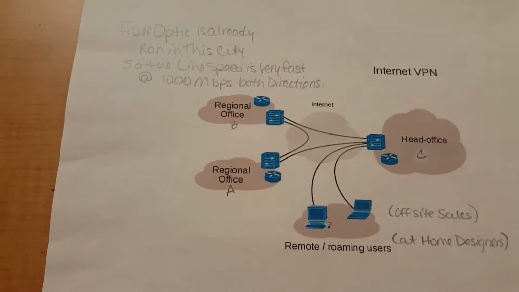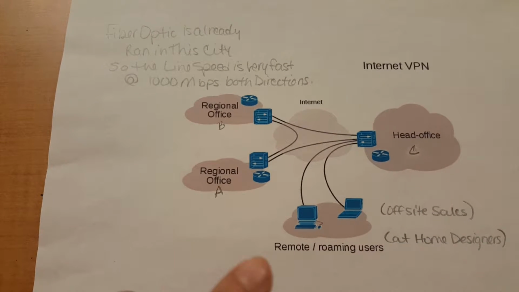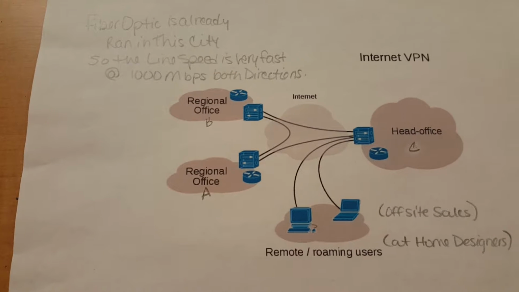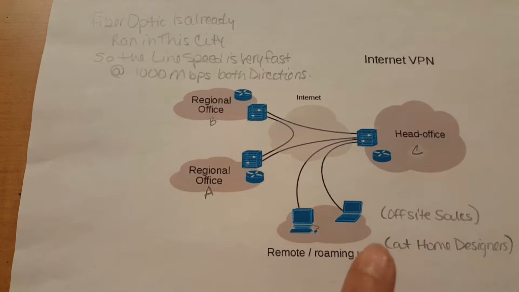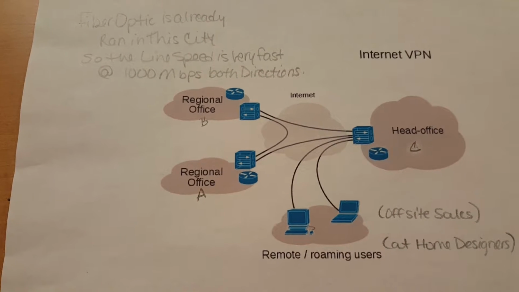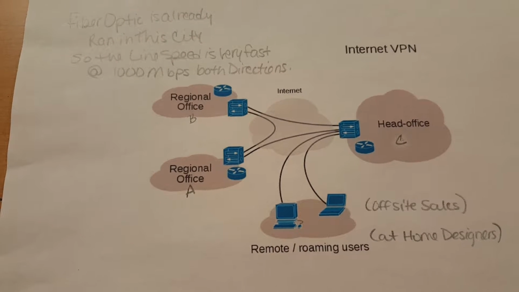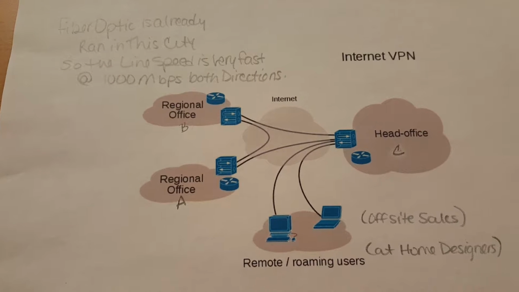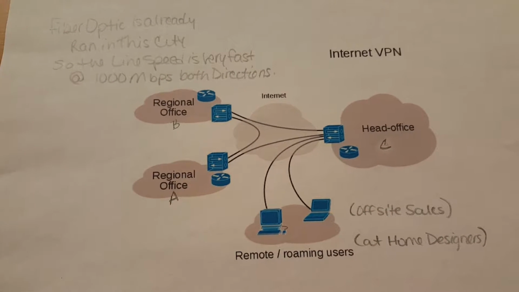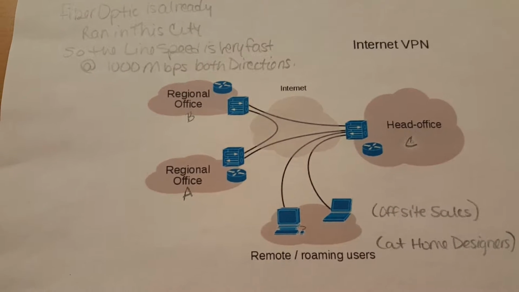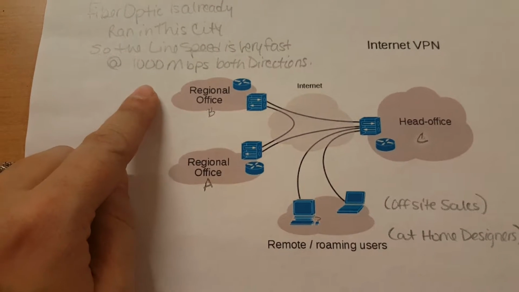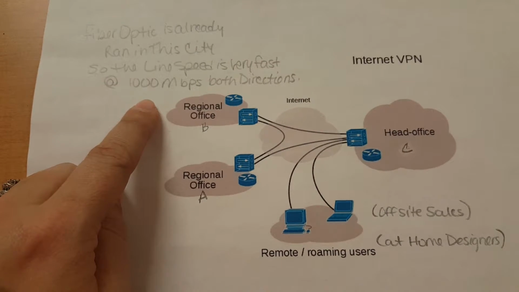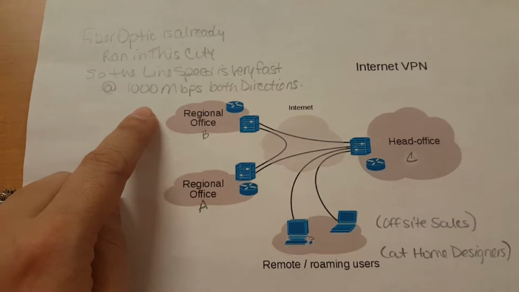In this, we needed the 3 buildings to be able to talk to each other, as well as be able to talk to the extended office users, the employees. So the fiber optic in this case, in the city that this is in, I am assuming is already ran and it's very fast. So we're going to use the 1000 megabits per second.